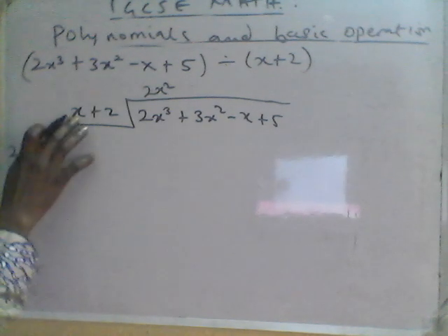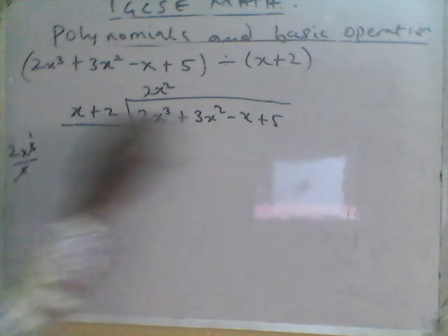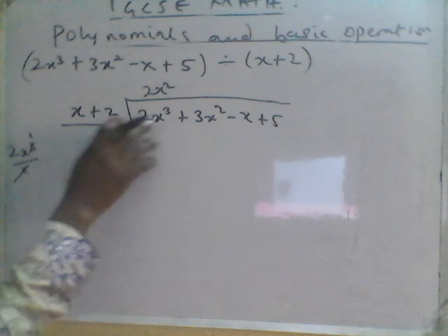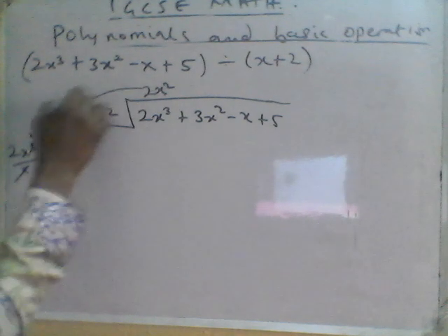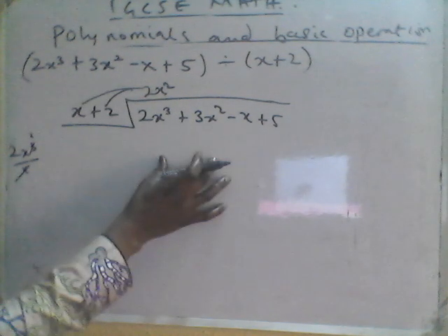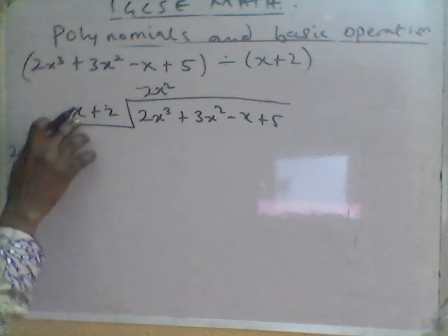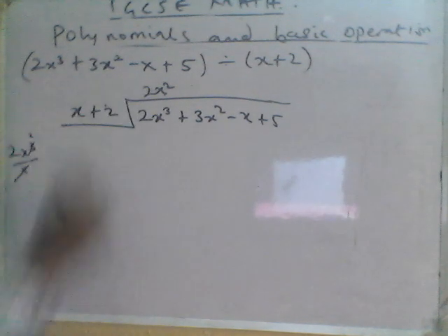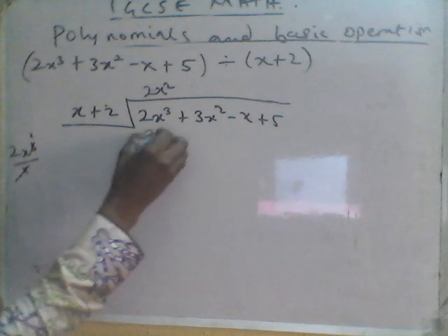So we are working with this term and this term and the following term only. When you have divided this by this, you now multiply this by the two terms here to get something under here. 2x cubed divided by x gives me 2x squared. Then 2x squared times x gives me 2x cubed again.